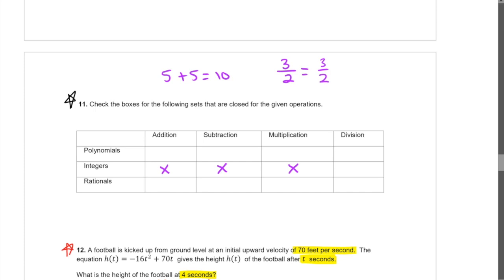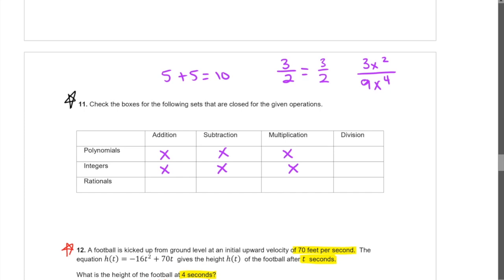All right, polynomials. Polynomials, adding and subtracting, yes. We did this one earlier. Multiplication, yes, as well. Division. Now the only thing about division is if I did 3x squared divided by 9x to the 4.